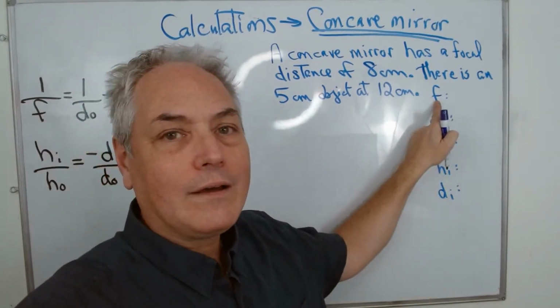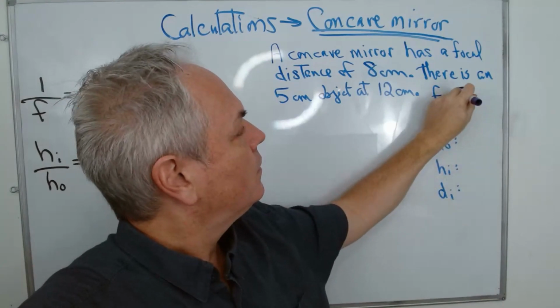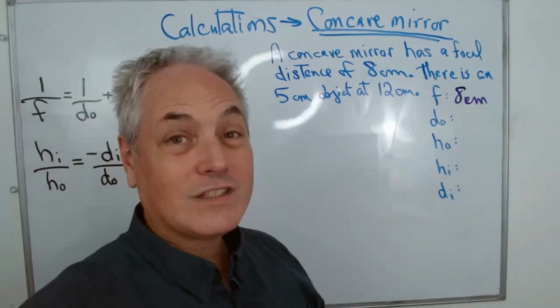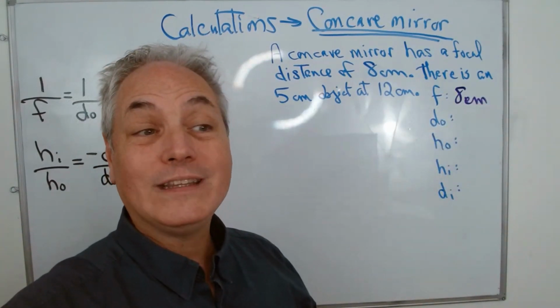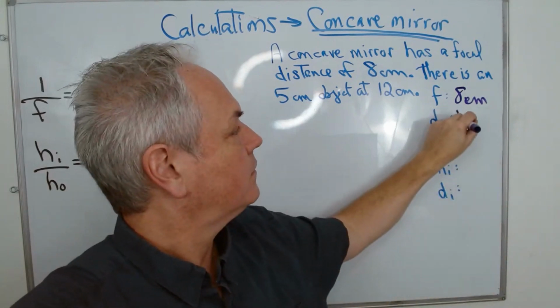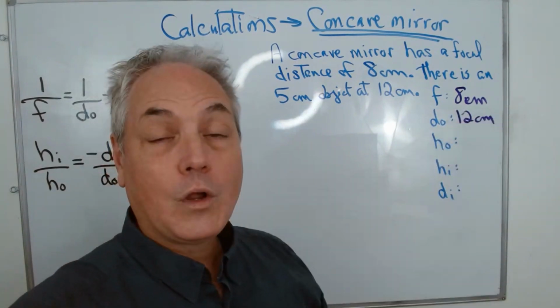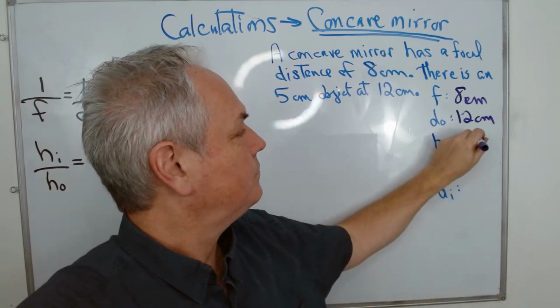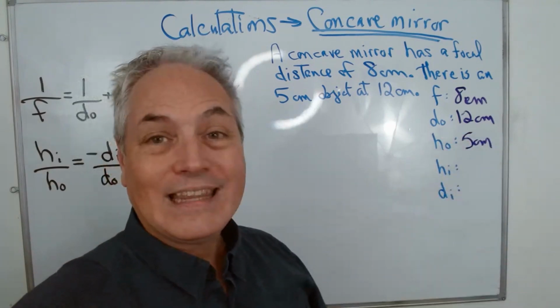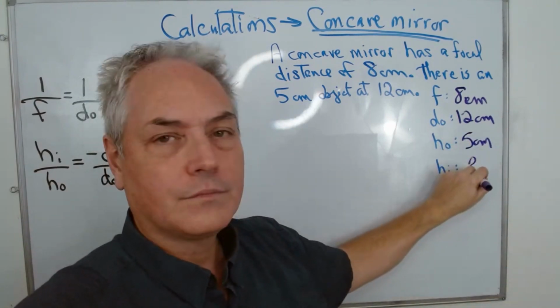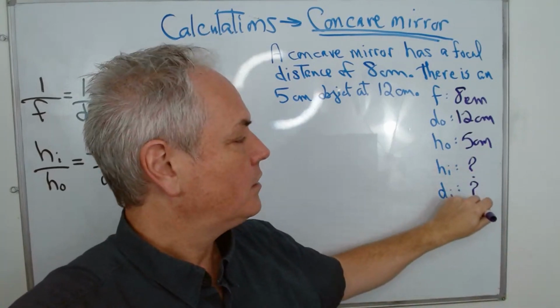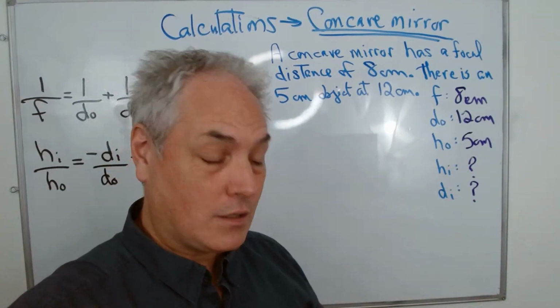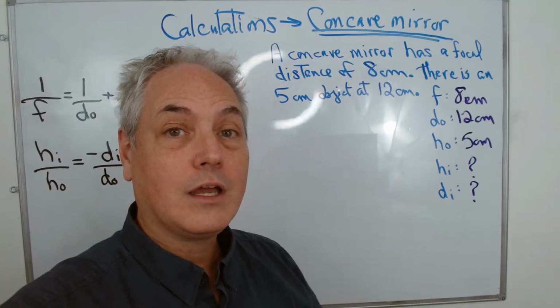First of all, we have the focal point, which is at 8 centimeters. We also have the distance of the object. We also know that the height of the object is 5 centimeters. And now we're looking for two things: the height of the image and the distance of the image in front of the concave mirror.